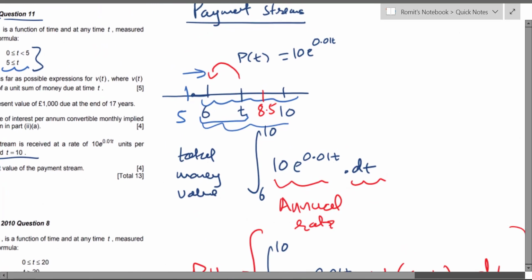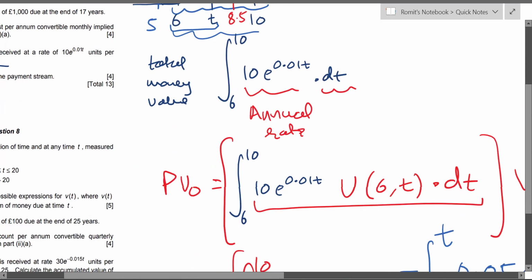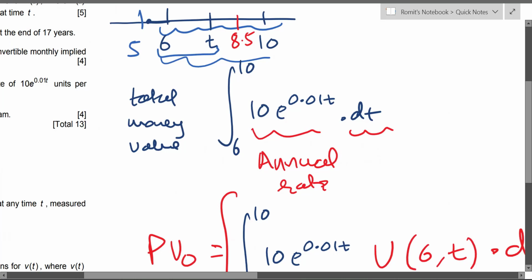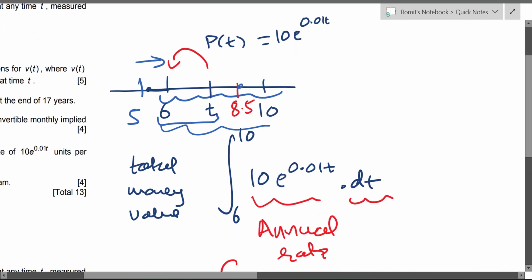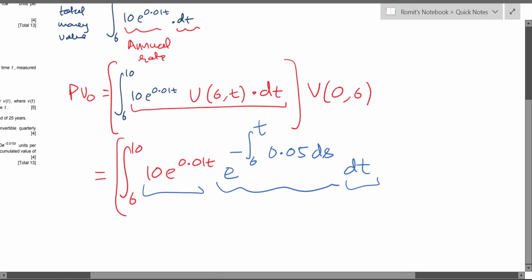As the value of t varies, this payment will also vary, because it's a payment stream, right? So the value of the payment itself will vary, and so will the discount factor, because the payment which will happen at time 8.5 won't be discounted at the same rate as the payment which will happen at time 6.5, and that's why this limit has to be from 6 to t and not 6 to 10. This is the part where people get confused.